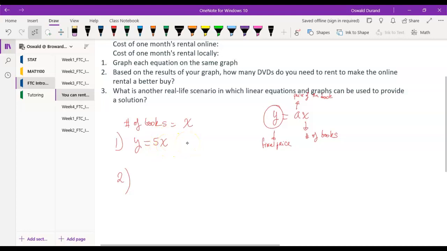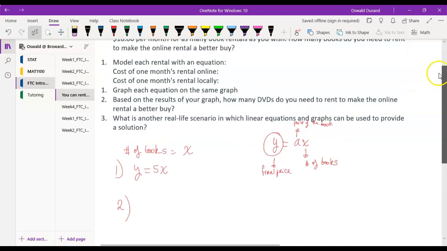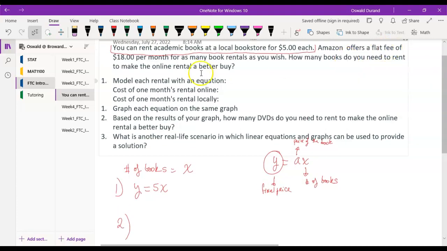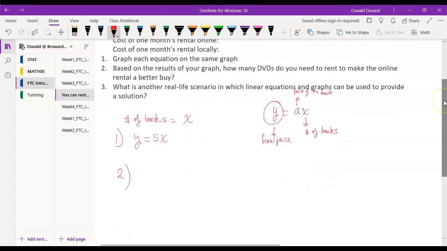So basically all I know is that my flat fee is $18. So Y, which is the final price, is always equal to 18. And you notice there's no X. I don't need to put an X because whether it's 1, 2, 3, 1 million books, it's always going to be 18. Okay? So you have two equations.